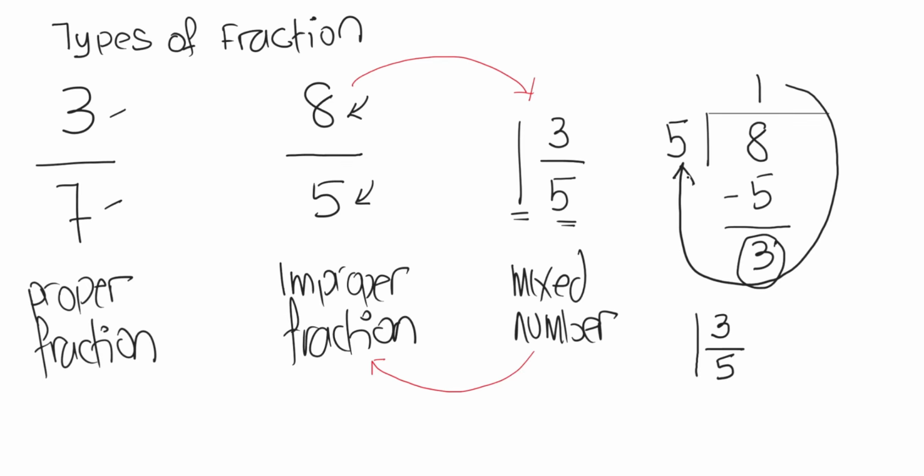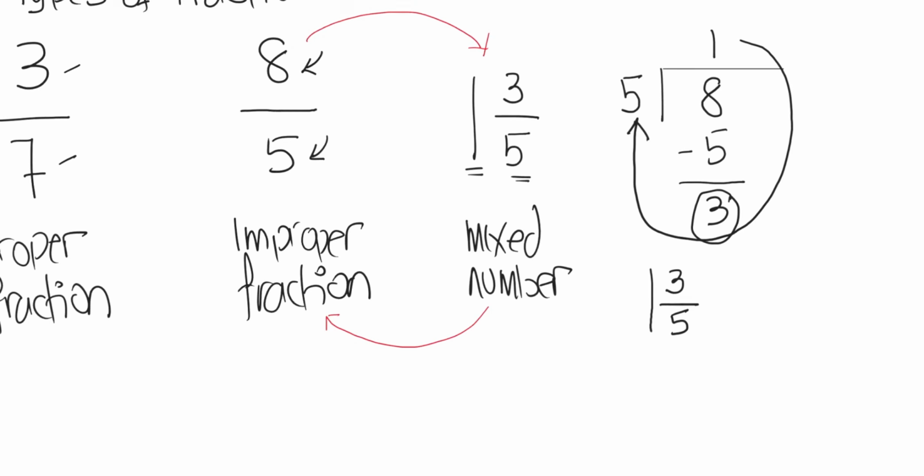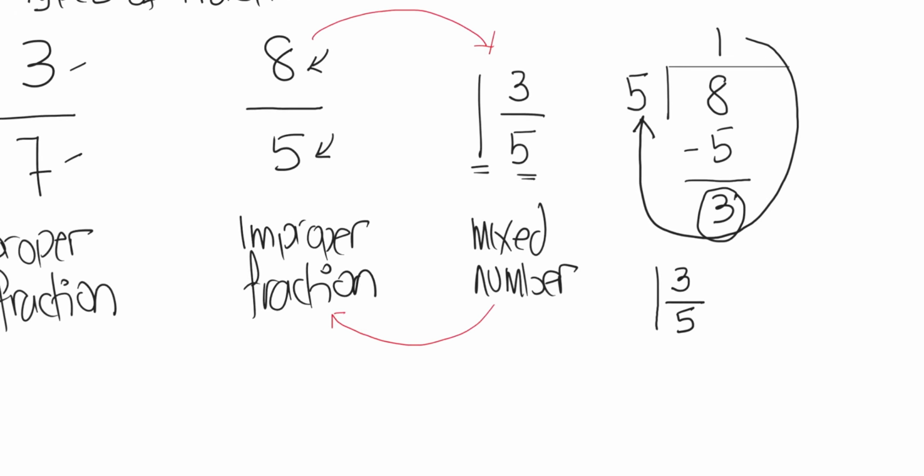Right. Now we will look at how the mixed number becomes an improper fraction. The mixed number becomes an improper fraction by following these steps. Take the denominator multiplied with the integer. So it's 5 multiply 1 and the product is 5.